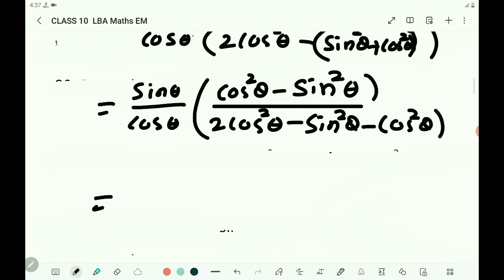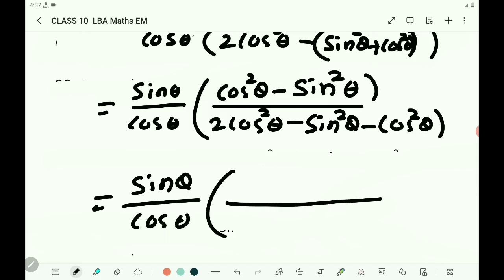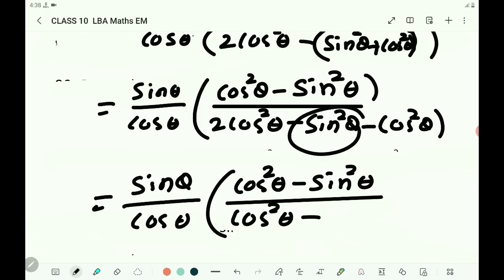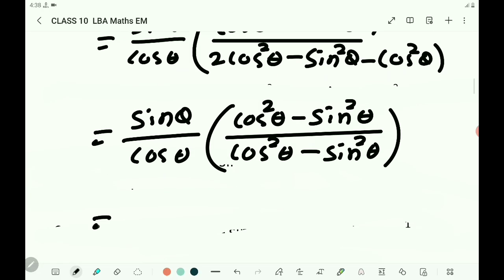Then sin theta by cos theta into numerator, write numerator as it is, cos square theta minus sin square theta. Here 2 cos square theta minus cos square theta is cos square theta minus sin square theta, equals cos square theta minus sin square theta, cos square theta minus sin square cancels.